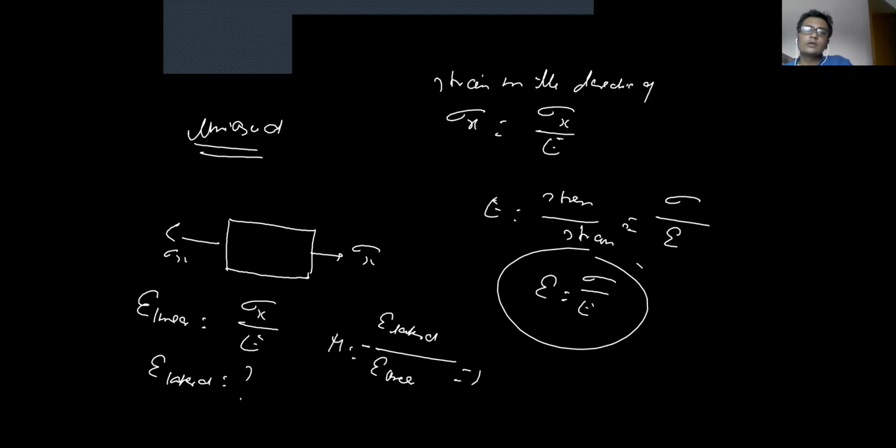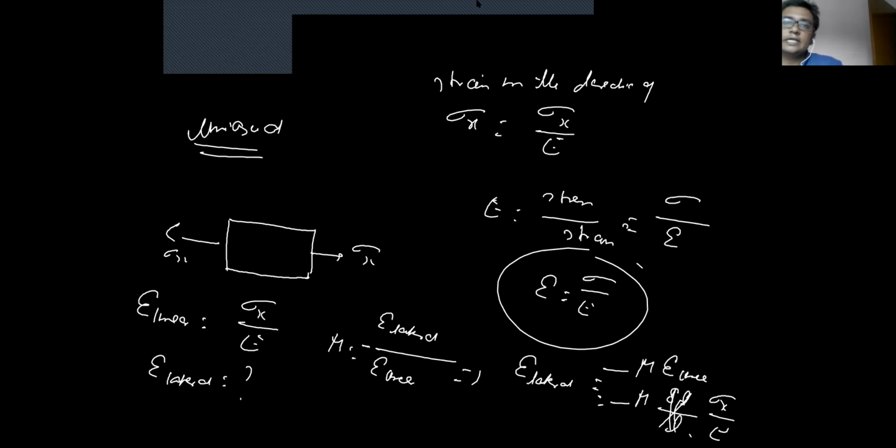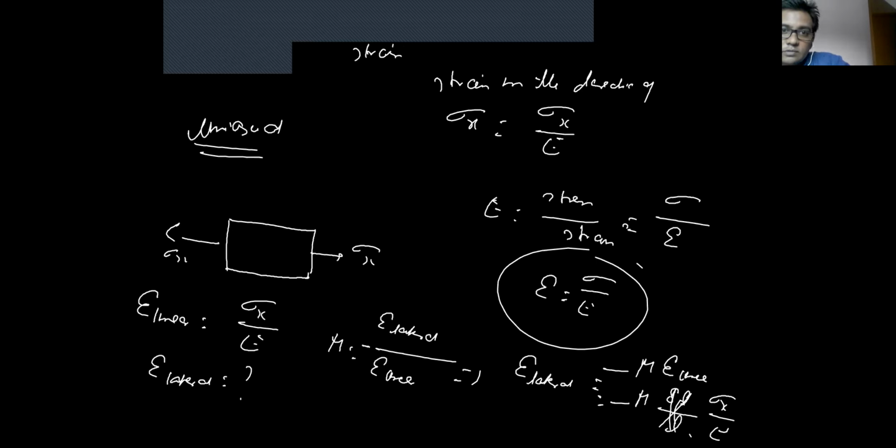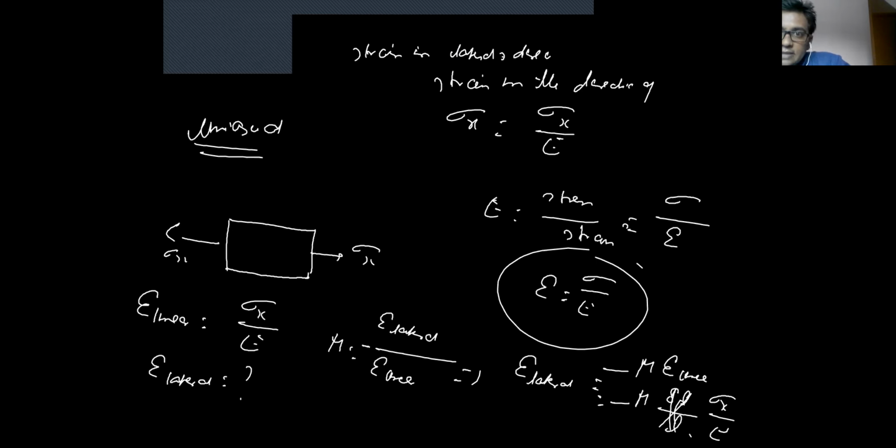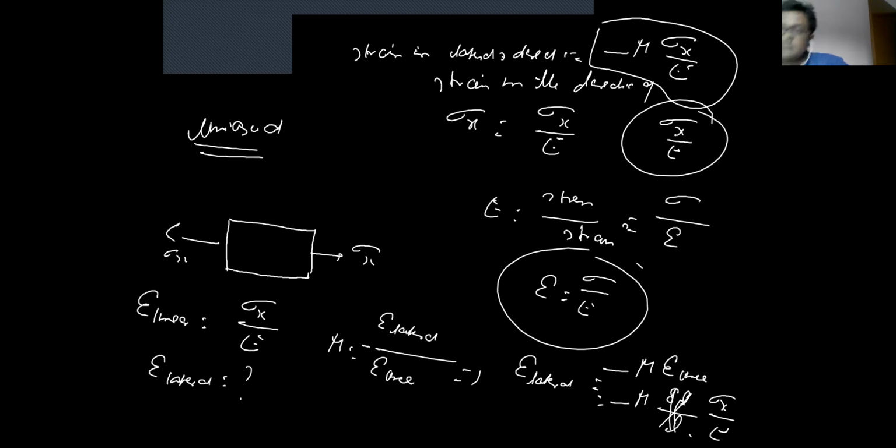So if you want to find the strain in the lateral direction, it will be minus mu times the strain in the linear direction, so minus mu into sigma x by E. So the strain in the lateral direction would be minus mu sigma x by E, and the strain in the linear direction will be sigma x by E.